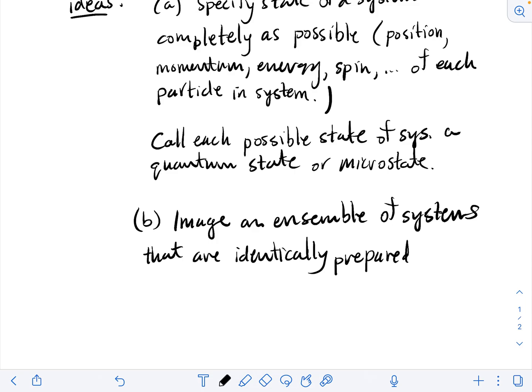You have a whole bunch of these jars. The jars are all the same volume. They all contain the same kind of gas and the same number of gas particles. They're all at the same temperature and all of these things. So they're all identically prepared.